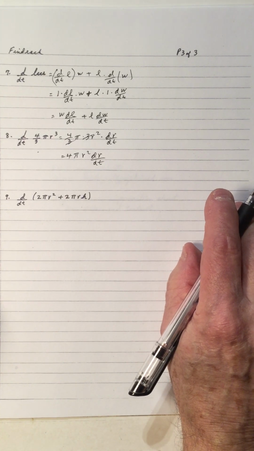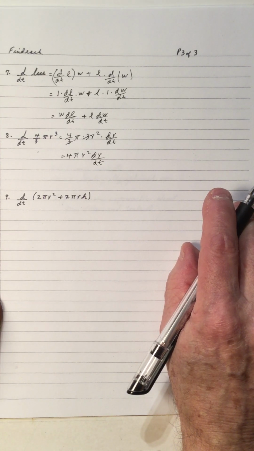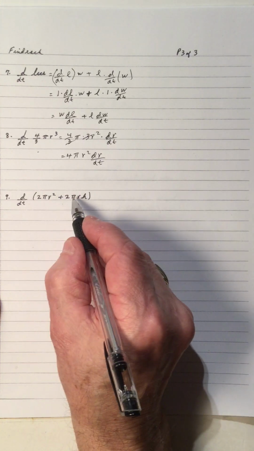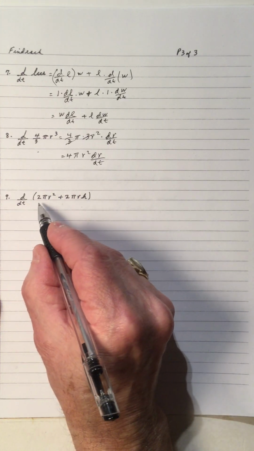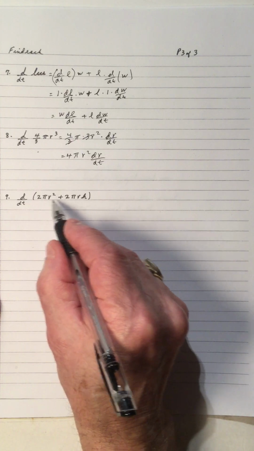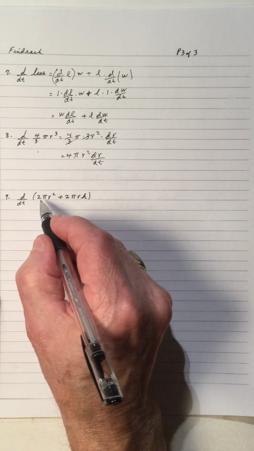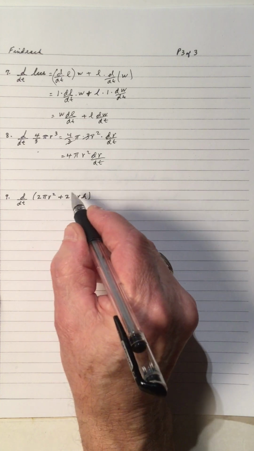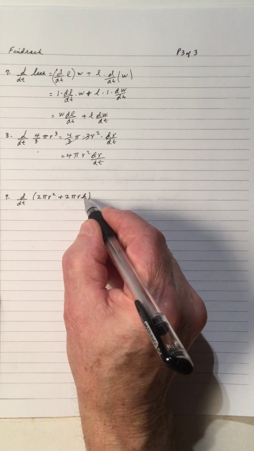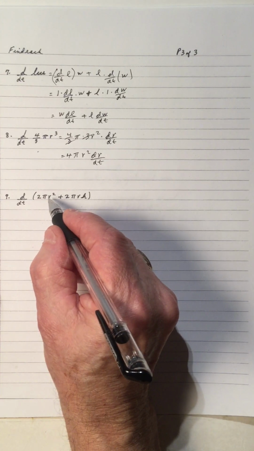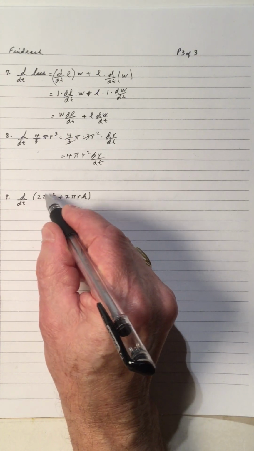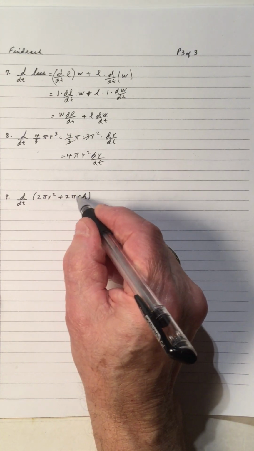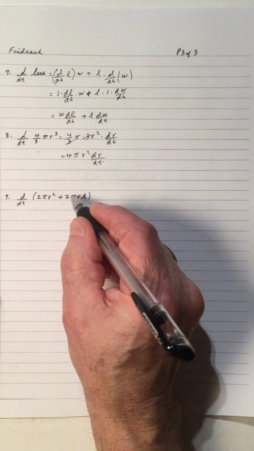And the final example, we have d/dt on the sum of these two terms, 2 pi r squared plus 2 pi rh. We could interpret this as the area of two circles plus the lateral area of a cylinder.